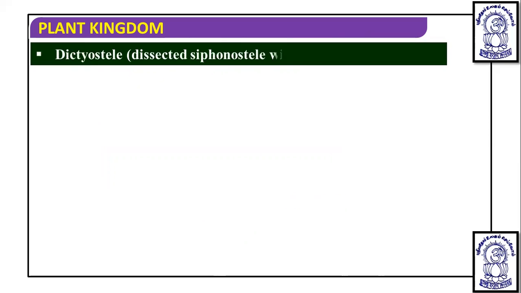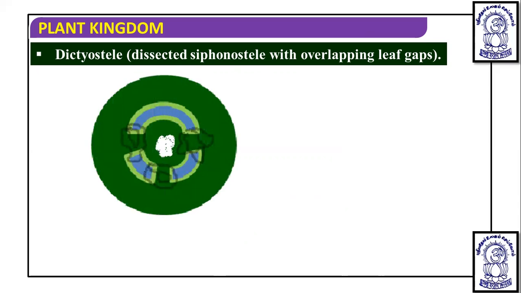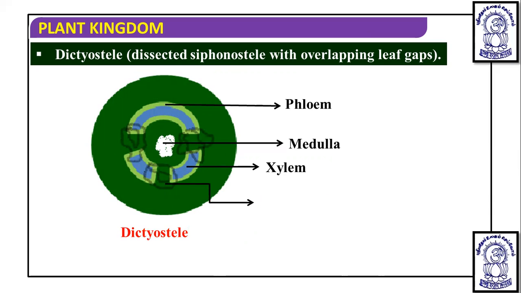The other thing is dictyostele, and dictyostele is also a type of siphonostele. In this, a large number of leaf gaps dissect the siphonostele, with overlapping leaf gaps. Means this overlapped leaf gap or large number of leaf gaps are seen here. So this is dictyostele. This dictyostele occurs in case of Dryopteris and Pteris.